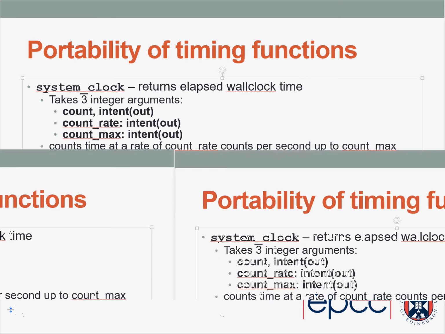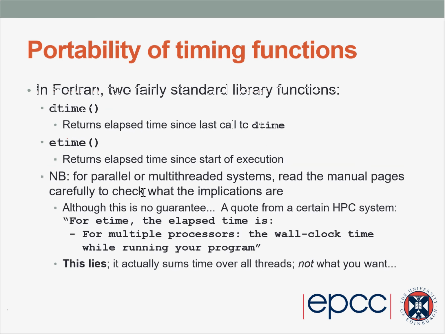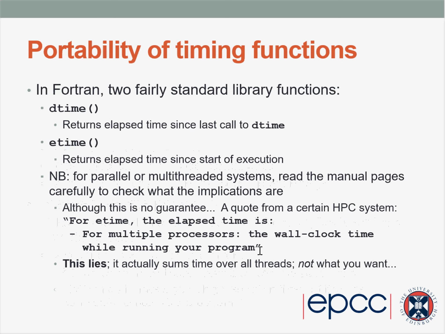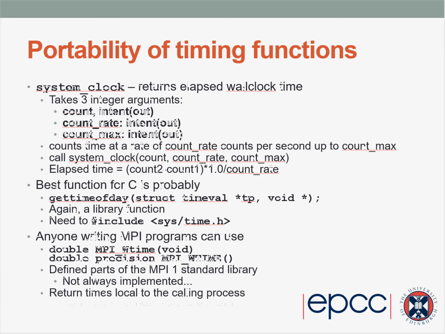So there are a bunch of other timing routines you can use. You have to be a little bit careful with timers because they can change from system to system, the resolution, how accurate they are, and exactly also what they do. So you can have timers where you think you're getting the wall clock time or how long a program took to complete, but actually it's summing it up across threads or something like that. So you do have to be a little bit careful with these kind of things.